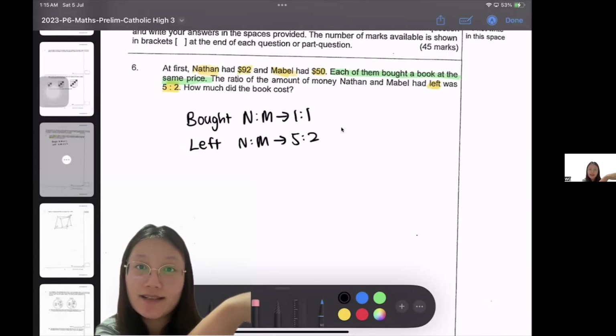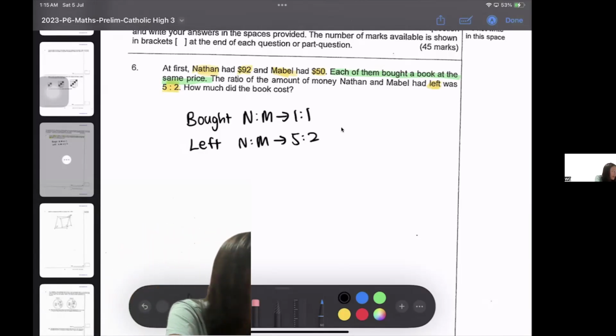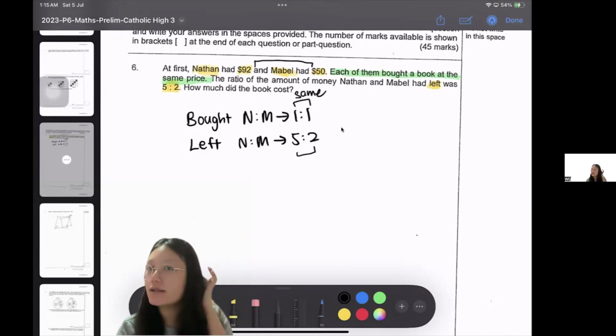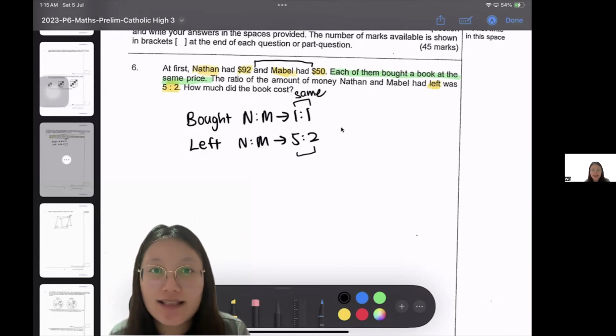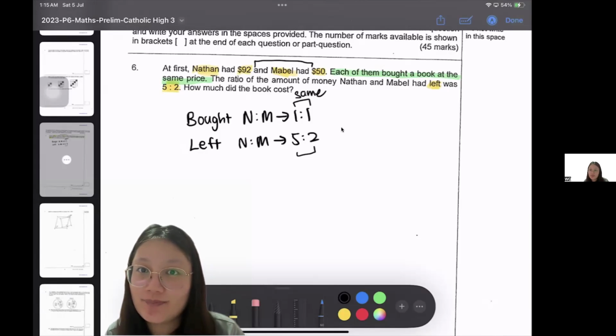So that means that this 1:1 is the same. And any difference in this is caused by the difference that they had in the start. Okay, this is the observation that I have, which is that because they spend the same amount of money, any difference that they have at the end is the same as the difference they had at the start, if you get what I mean. Yeah.